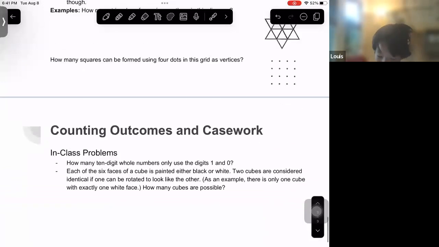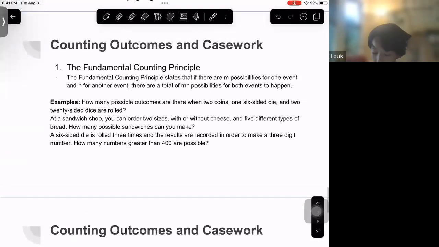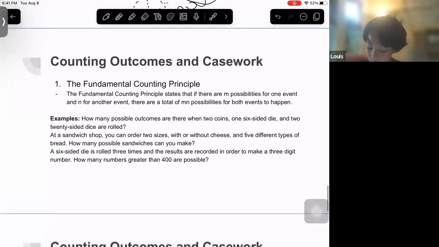So this is the fundamental counting principle. The fundamental counting principle states that if there are m possibilities for one event and n for another event, there are mn possibilities for both events to happen.